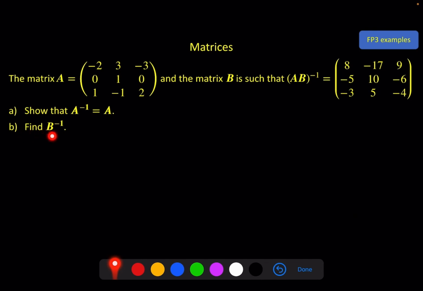Similarly for part B, finding the inverse of B, we can do this without inverting anything by considering some matrix algebra with the result that we had on the previous example.